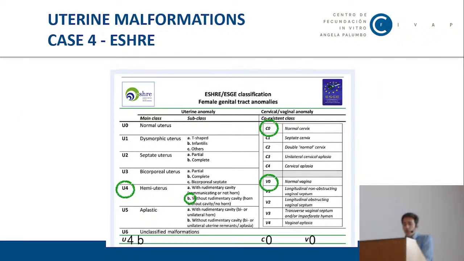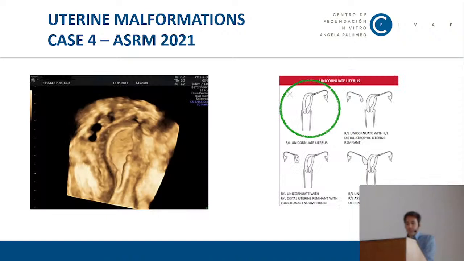If you have a normal cervix and a normal vagina, it will be a U4B, C0, V0. And for the ASRM 2021 classification, it will be a unicornuate uterus without rudimentary cavity, and they classify left or right. In this case, it will be a left unicornuate uterus.